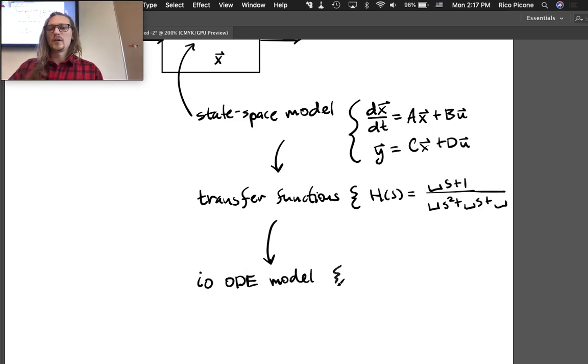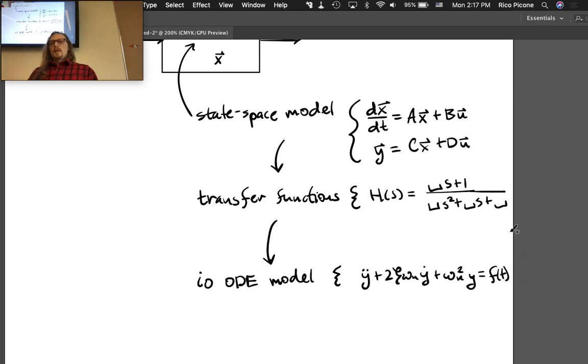Which, for a second-order system, looks like, well, I'll just write it like this: y double dot plus 2 zeta omega n y dot, where dot is a time derivative, plus omega n squared y equals some forcing function. So a single scalar input-output differential equation. The state space model has an order n, which is the number of state variables.